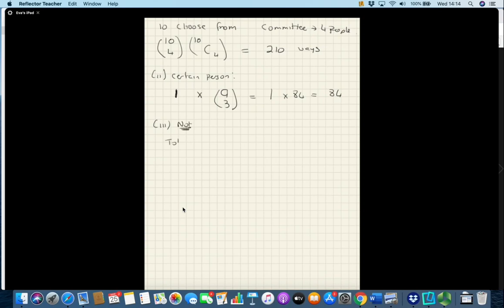I will go total minus the certain person on the committee. So it's 210 minus the 84, equal to 126 different ways of choosing a committee without that one person.